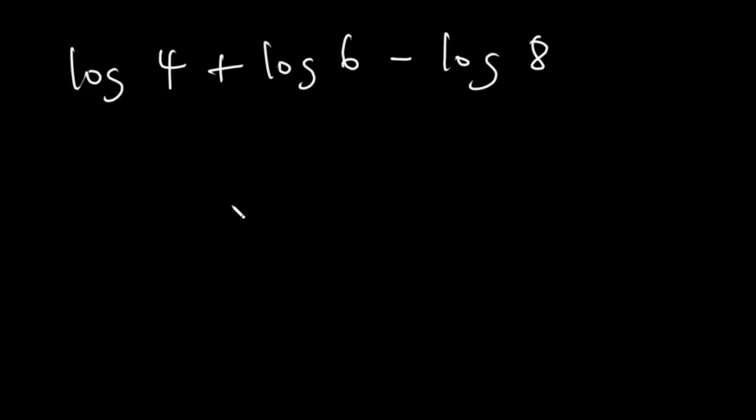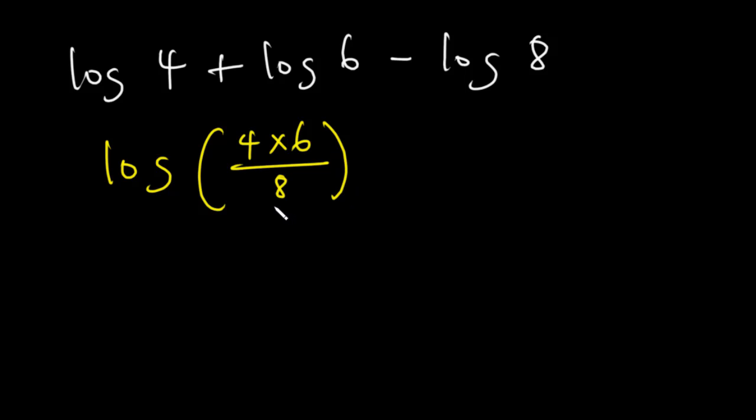How do we solve log 4 plus log 6 minus log 8? This time we have addition and subtraction. So we are going to apply the two properties. So because we have addition here, it's going to be log 4 times 6 divided by 8, because we are going to subtract.